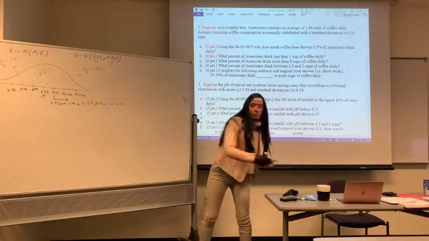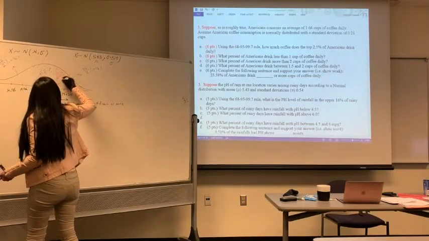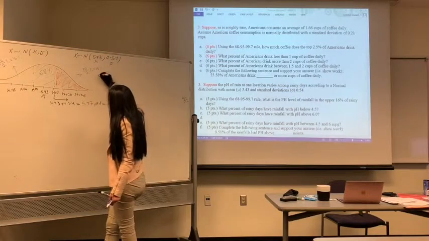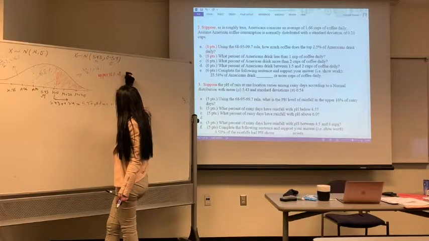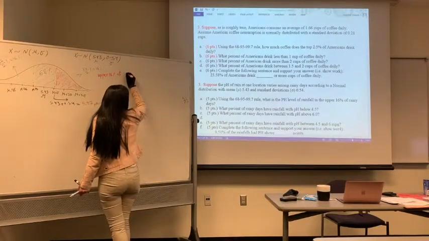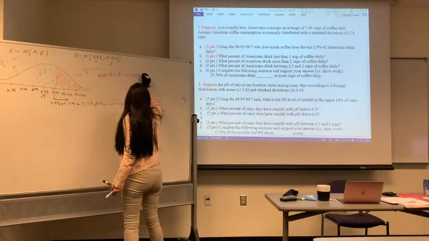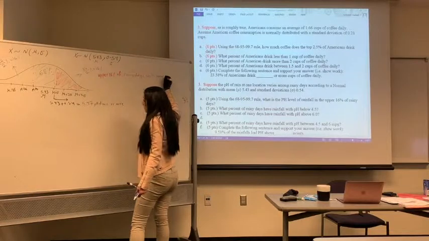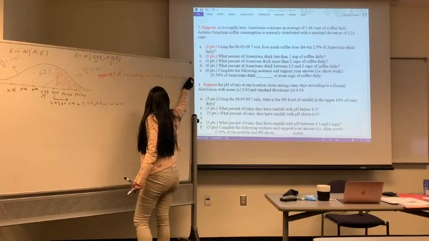So this is the area we want. So we say upper 16% of rainy days will have 5.97 level of pH or more, right?